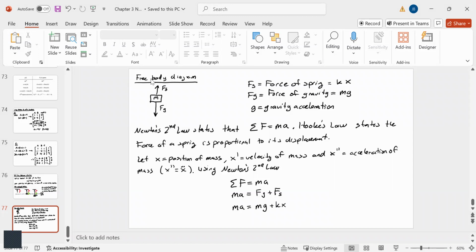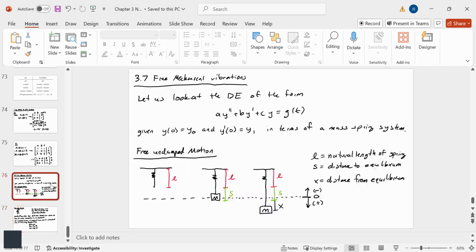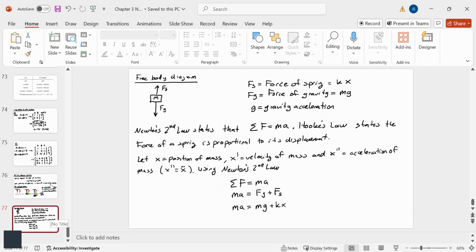Now, here's the thing. We have to pay attention to what directions the forces are going relative to the defined up and down, what's positive and what's negative. Earlier I said going up is negative and going down is positive. So gravity is positive and the spring is negative, which means kx is negative, according to our free body diagram definition.